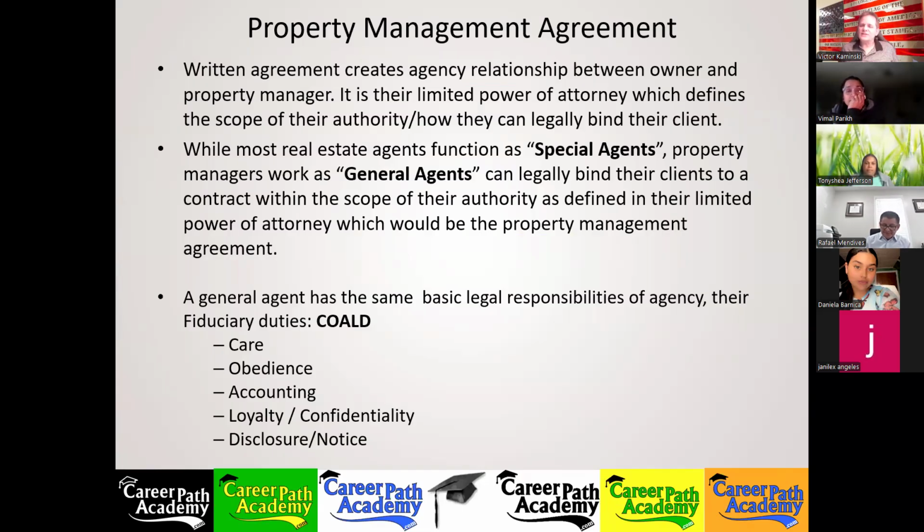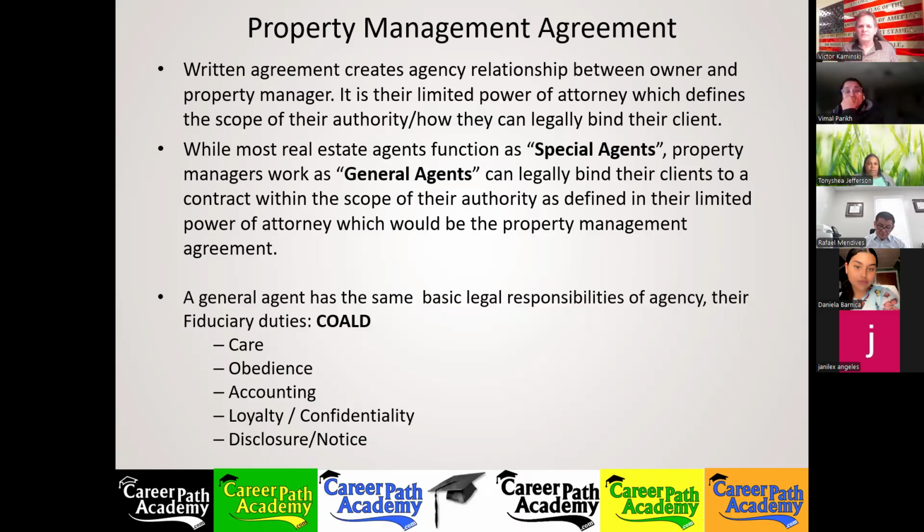While most real estate agents function as special agents, you're limited to operate in one capacity only. What does that mean? You cannot legally bind your clients to a contract. That's all that means. So most agents work as special agents. You're hired to find a ready, willing, and able buyer for a seller. You can't accept offers and sign contracts on their behalf, right? That's what a special agent does.